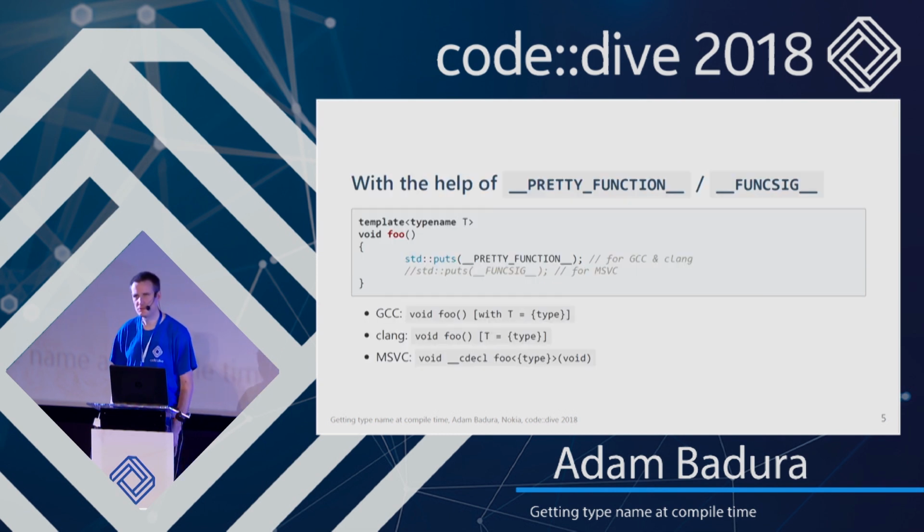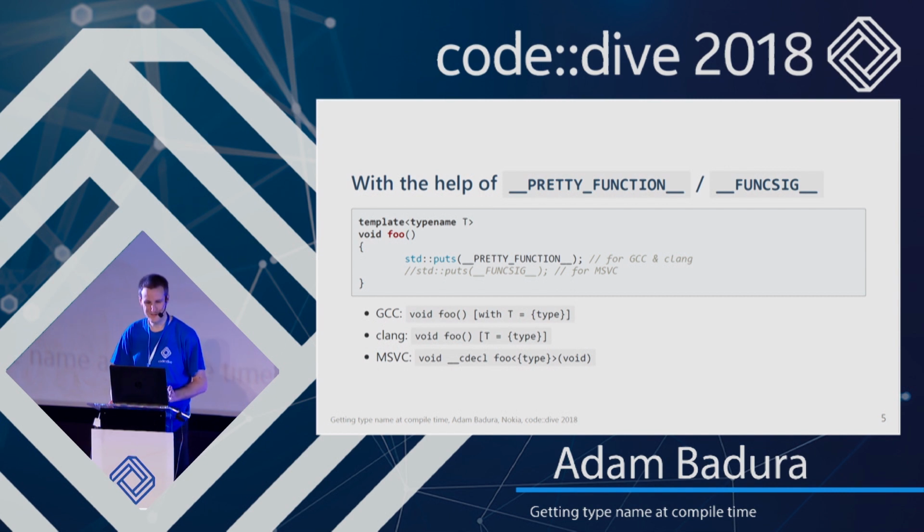Now, this is achieved with the help of the first mentioned macros. Those are not really macros, but they act and are named as if they were macros. You can use them or abuse them to get the type name. If you would print those names using a simple function, you will notice that all the generated names fall into this pattern, with GCC and Clang being almost the same, with the difference of the width word.